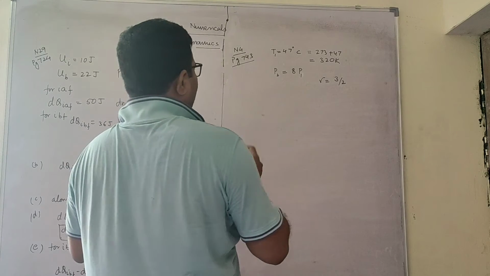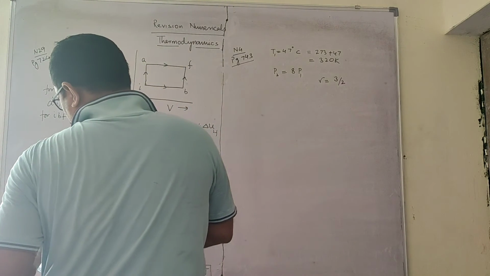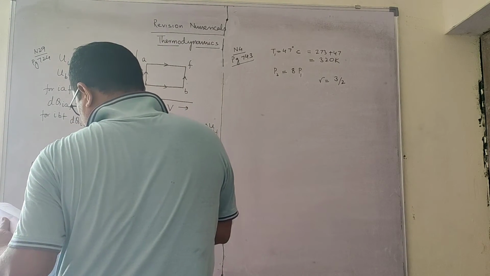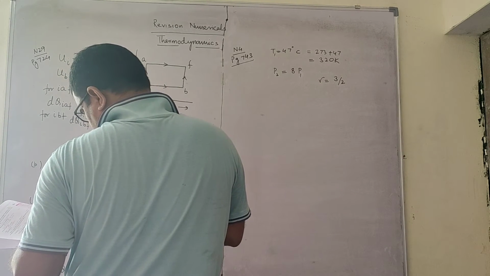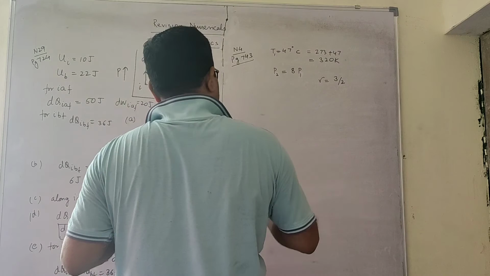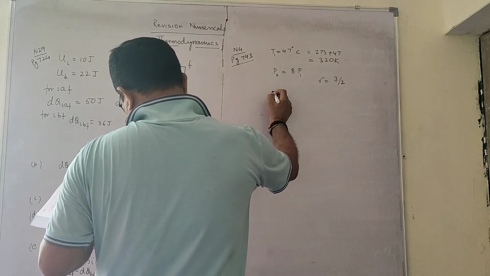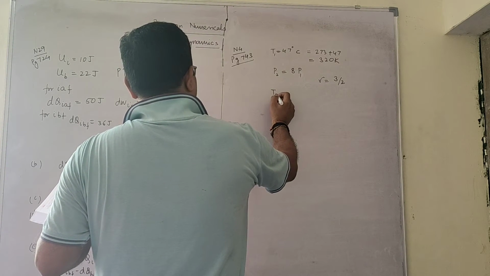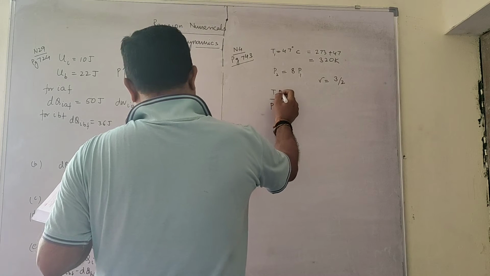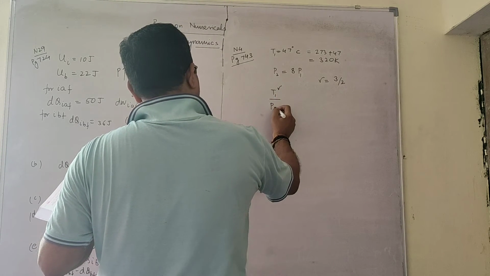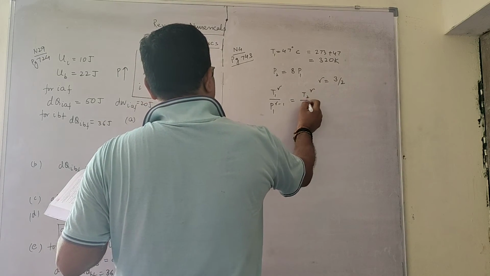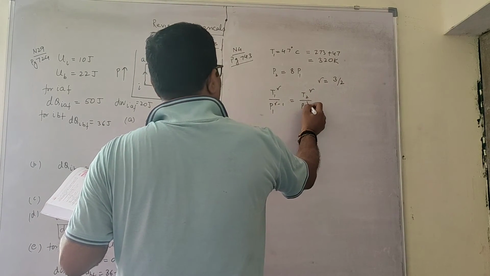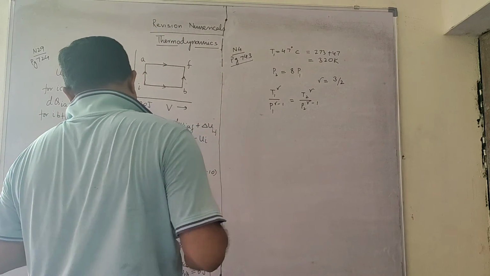So you have to apply Poisson's equation relating pressure and temperature. That is P1^(1-gamma) T1^gamma equals P2^(1-gamma) T2^gamma.